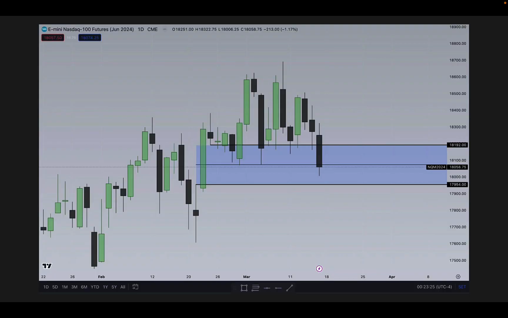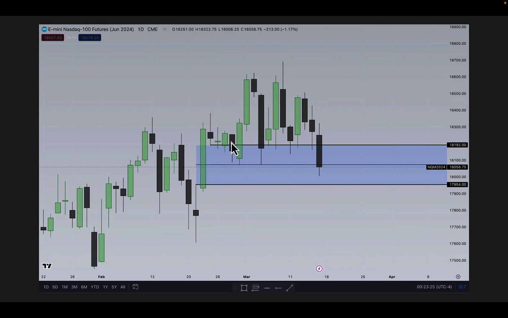So we're going to start on our daily chart. This isn't going to be an entire market review. This is going to be focused mostly on Friday's trading. So last video, like I said, I was focused mostly on seeing if the consequent encroachment or midpoint of this area would be broken, and then also the mean threshold of this candle here.